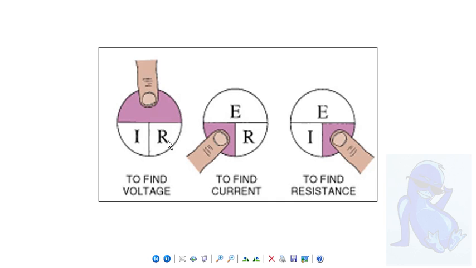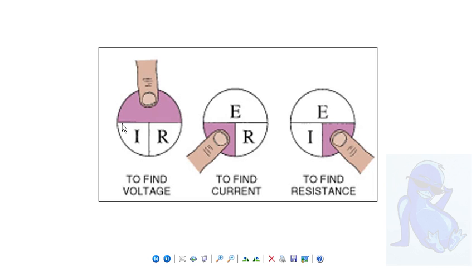I know that's a lot to take in all at once. Resistance is measured in ohms. I equals E over R, volts over resistance. Resistance is found by E over I. That's volts over amps.